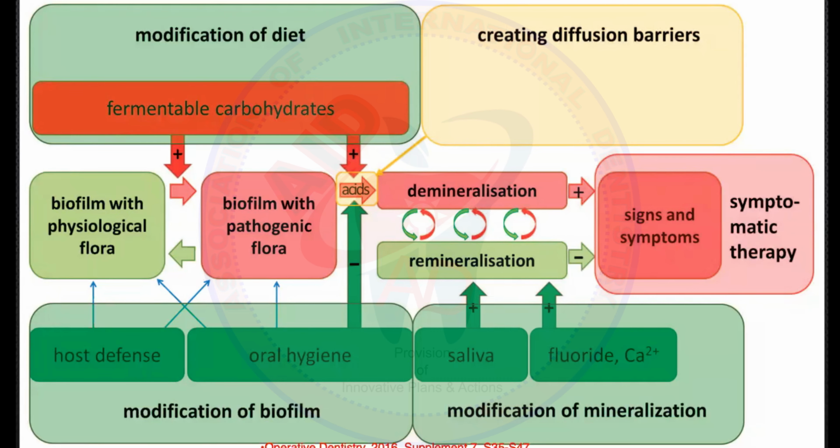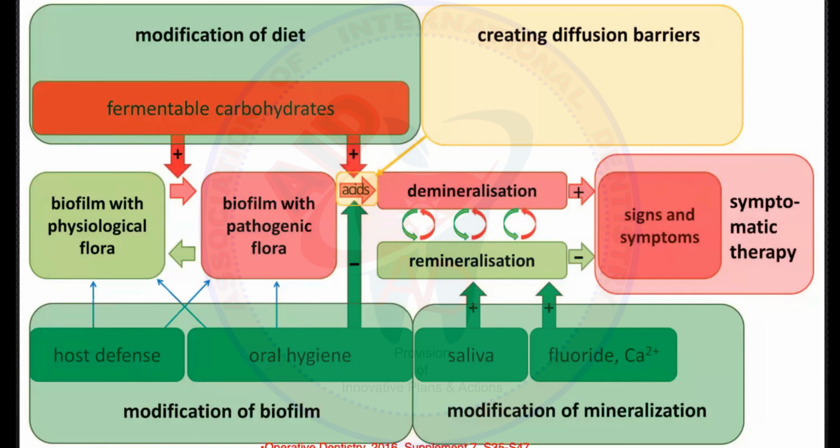So now when the pathogenic bacteria are there, and there is availability of fermentable carbohydrates, and the oral hygiene is poor, this leads to demineralization. And if this demineralization is allowed to go on, what will happen? There will be a sign and symptom of the disease, that is cavitation. But we want to stop this decalcification. We don't want this demineralization to continue.